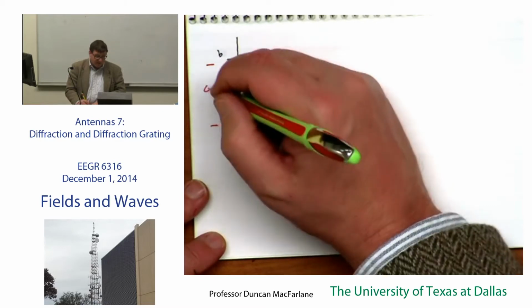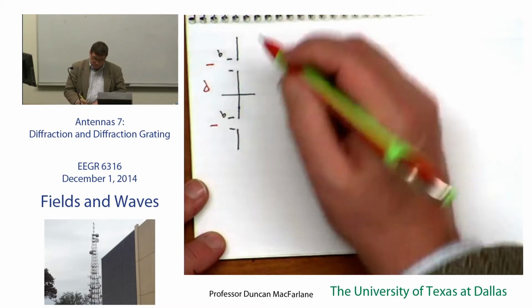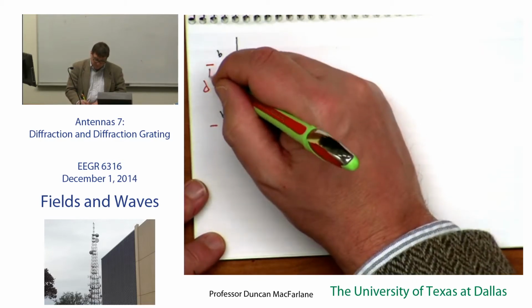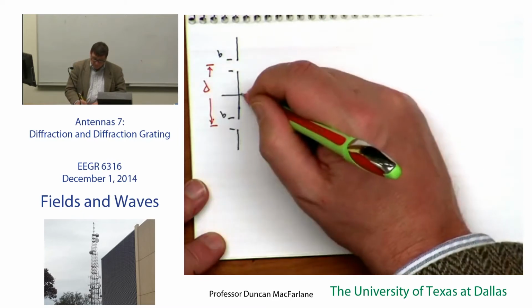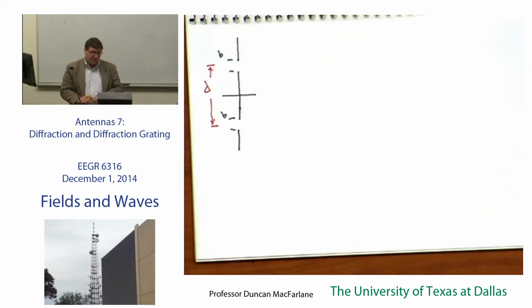I'll put that as D, so that from the origin to the center of the slit will be D over 2.